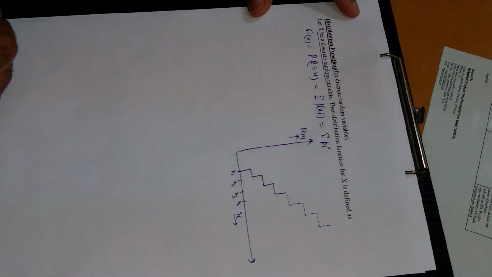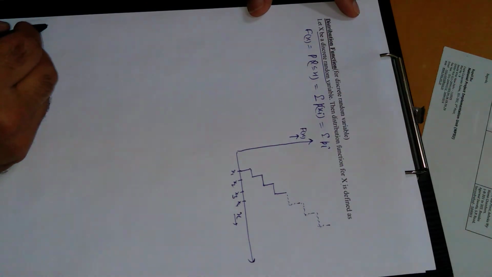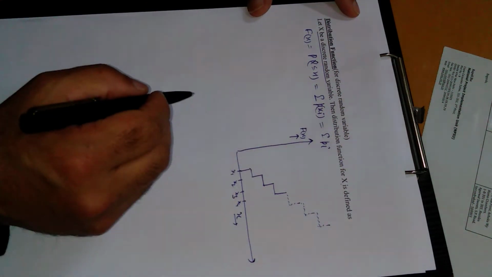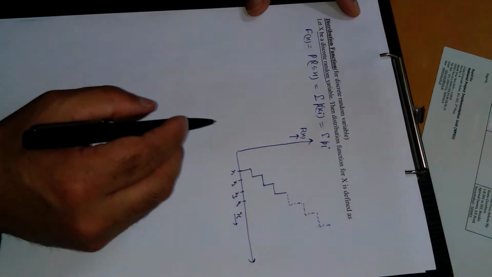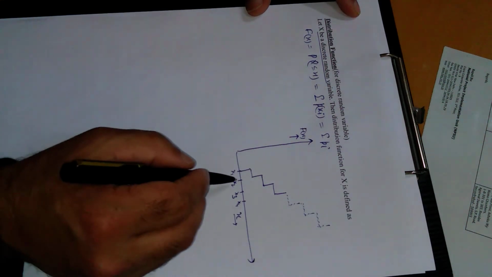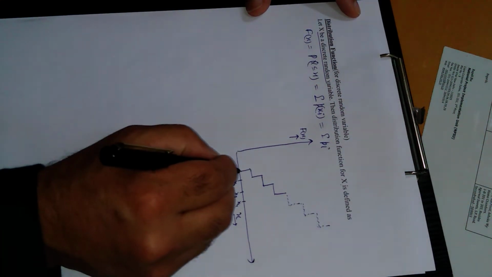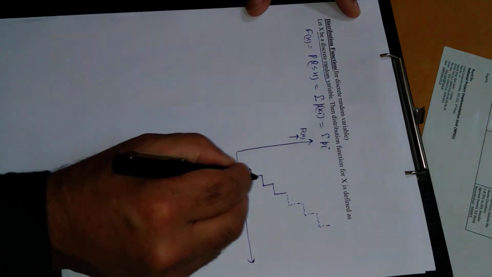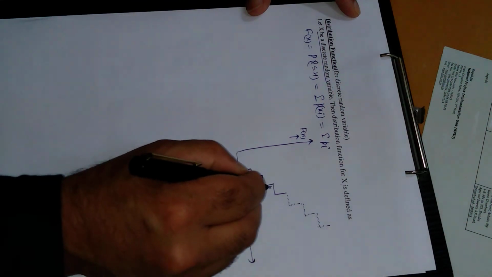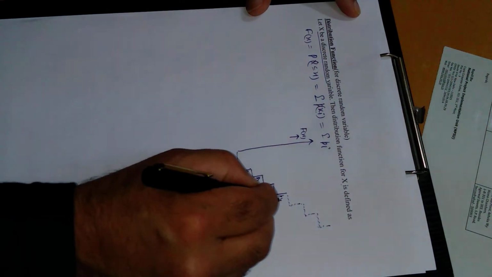So what is the shape of this graph? This is like a stair, this is a step function. So the graph of F of x is a step function having jumps. This jump is called P1, this is P2, this is P3, and this is P4.